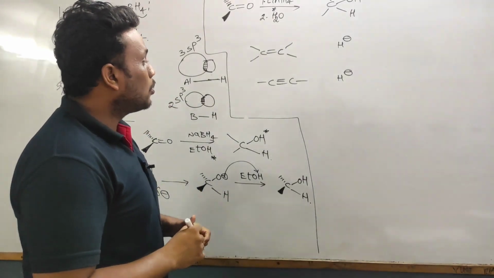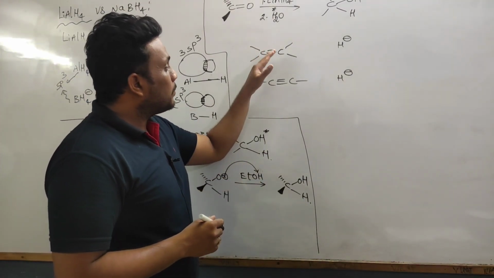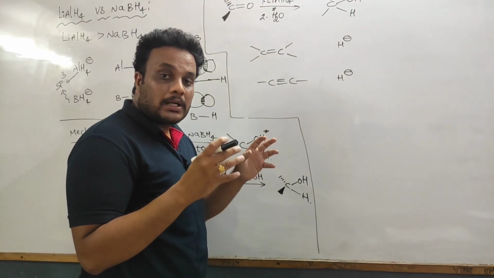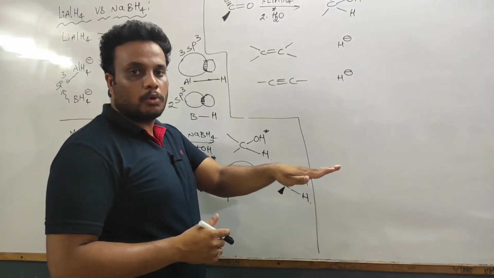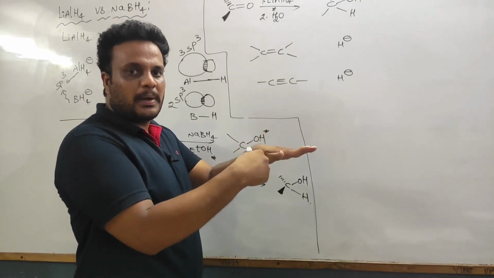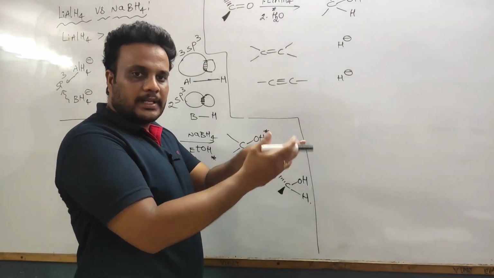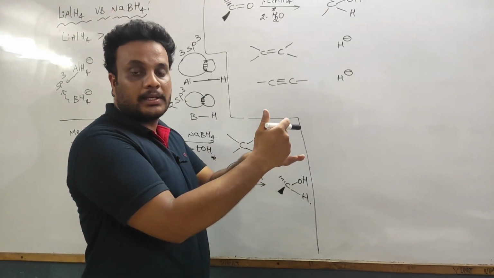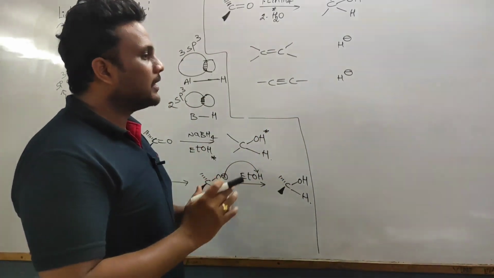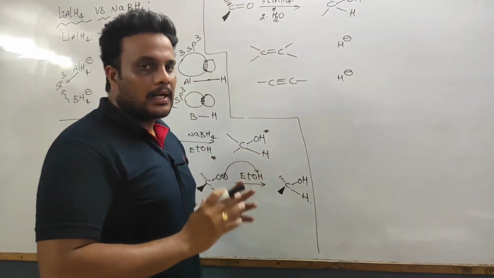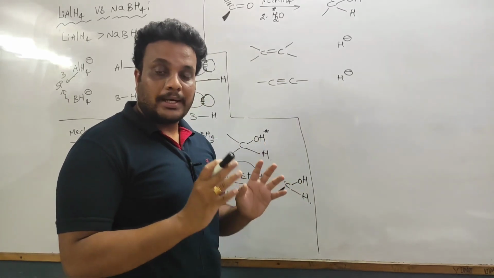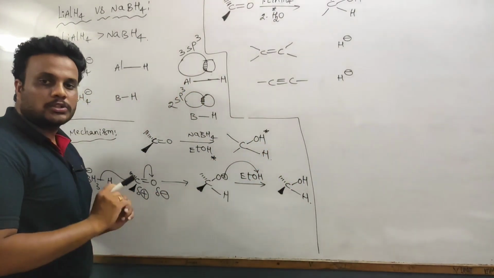Moreover, above and below alkene and alkyne molecules, a pi electron cloud is present, which is actually the pi bond. So the pi electron cloud is negatively charged, and the hydride comes along with a negative charge, that is, it is electron rich. So repulsions take place. Because of these repulsions, lithium aluminium hydride cannot reduce multiple bonds, that too non-polar multiple bonds. It can reduce polar multiple bonds, no problem.